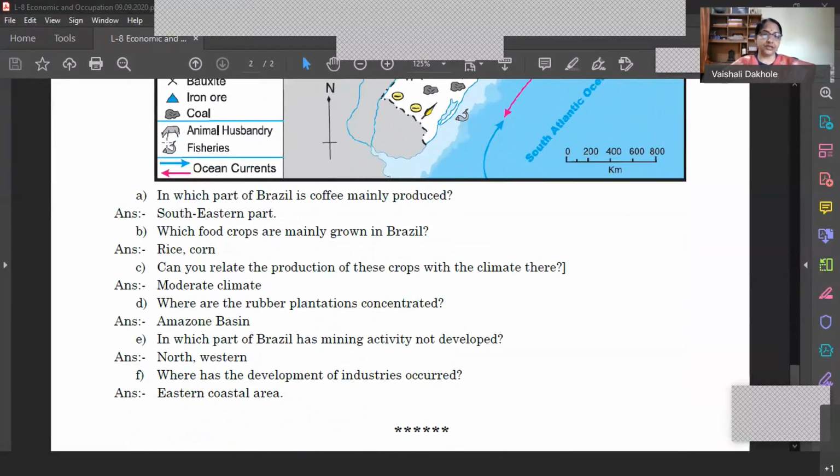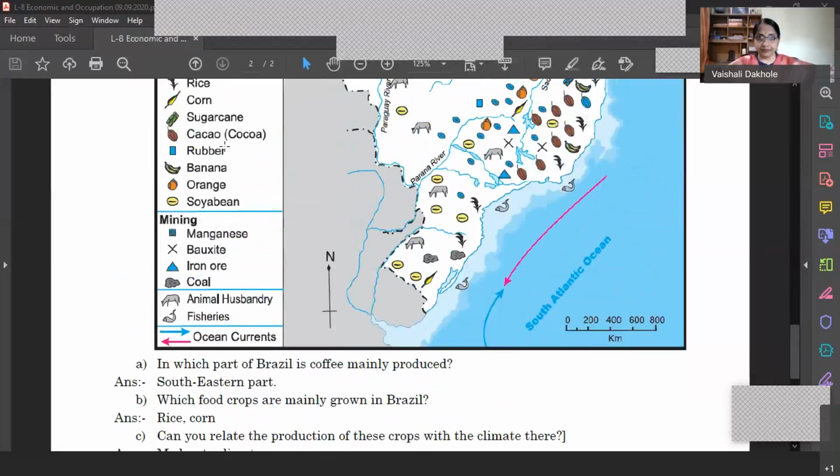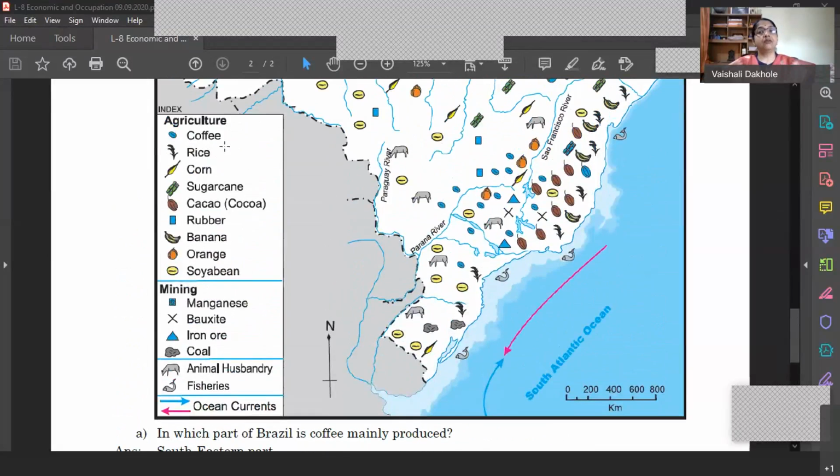Now the last question is, where has the development of industries occurred? And the answer given there is the eastern coastal area. Now for the development of industries, what is required? Required is raw material, raw material from the agricultural sector and raw material from the industrial sector, that means the mining sector.